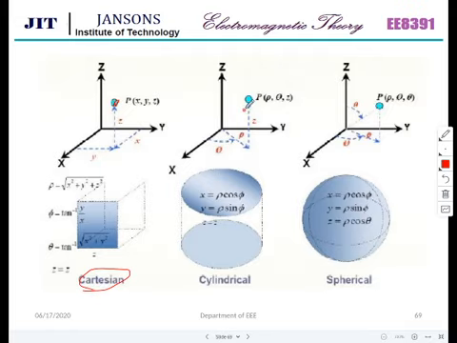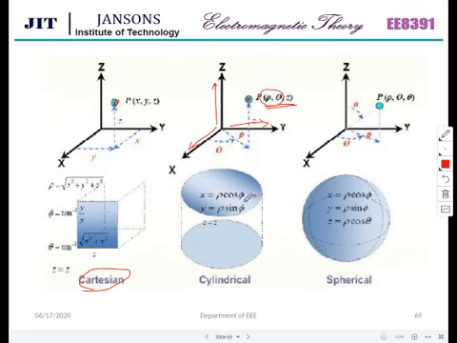Now coming to the same point P, which is represented by 3 other coordinates. As I have already told, the z axis is fixed, but the other 2 are r and phi.